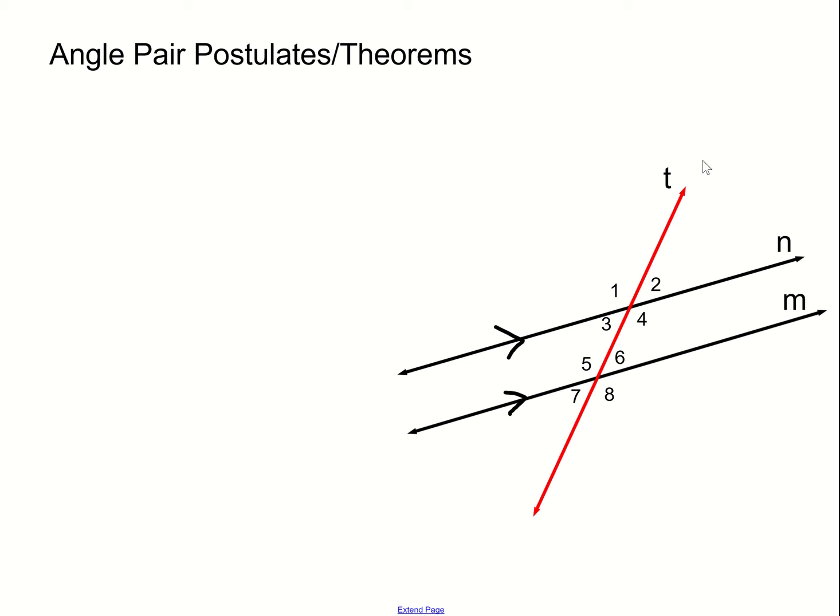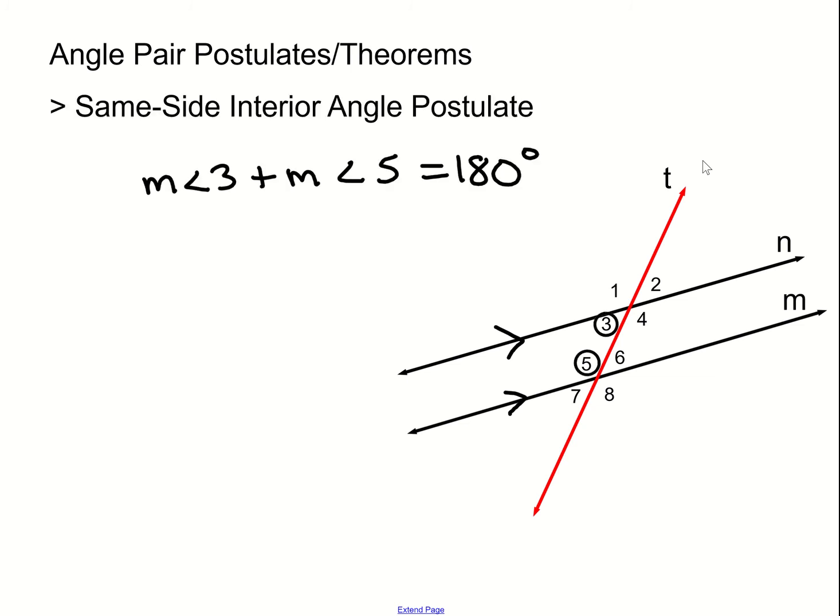So we have a pair of parallel lines, N and M, cut by a transversal T. And we mentioned the same side interior angle postulate. Remember that a postulate is generally something that we take as true. We generally don't prove postulates, because it's more of a statement that we take as true.